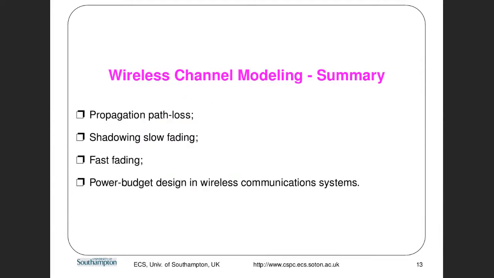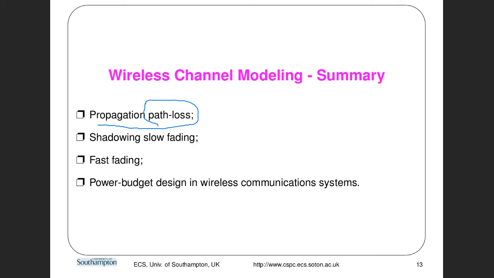This is the slide I told you in the morning that I want you to take a mental picture of. In the following 2 or 3 sessions, we'll be focusing on this channel modeling. There are 3 levels of channel modeling. The first level is propagation path loss, which is power loss over distance.